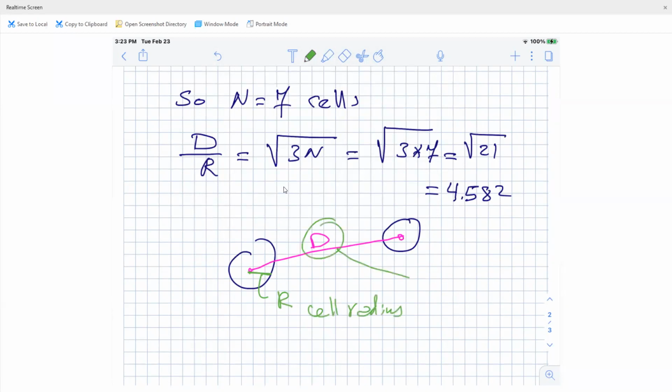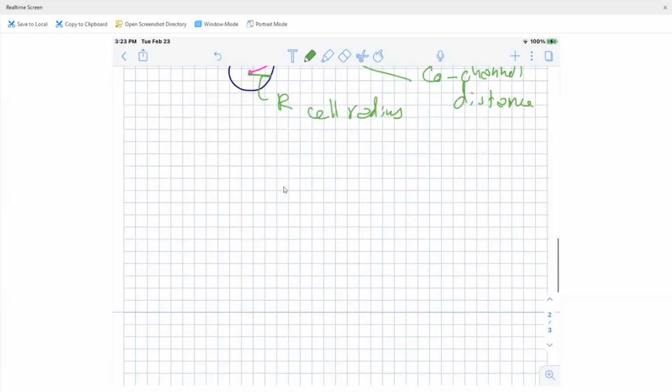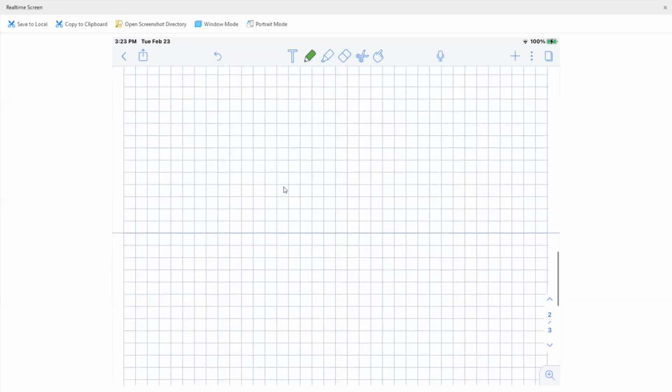And this will be co-channel distance. Well, so D over R, co-channel distance will be in meter, and R will be again in meter. So D over R will be unitless. This is about the first branch, I mean A.